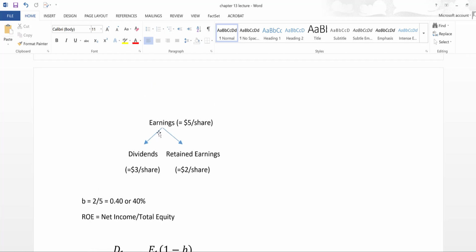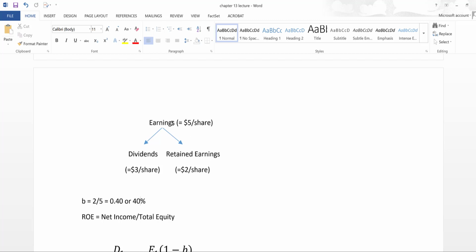earnings are divided into two components. We have dividends and we have retained earnings. We talked about this earlier. The retained earnings portion we were referring to as B. So if earnings are $5 per share and my retained earnings are $2, then my B is 40%.